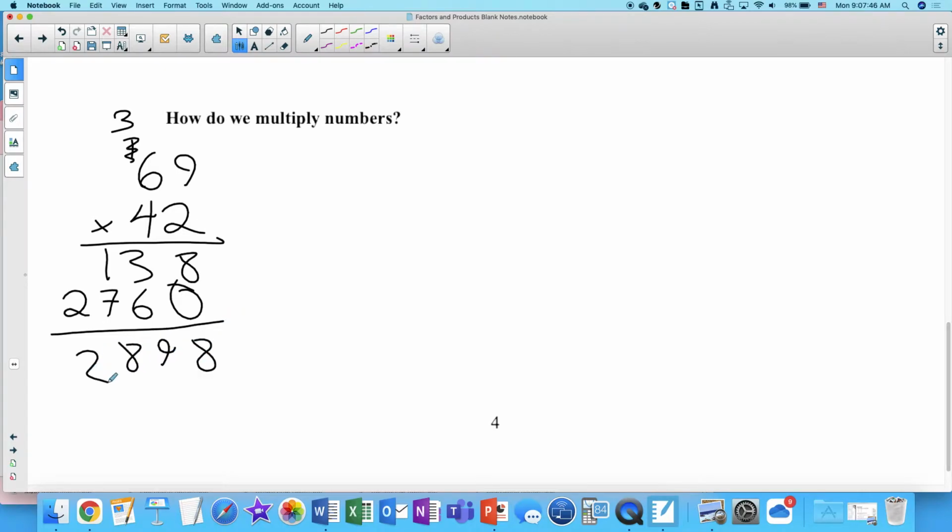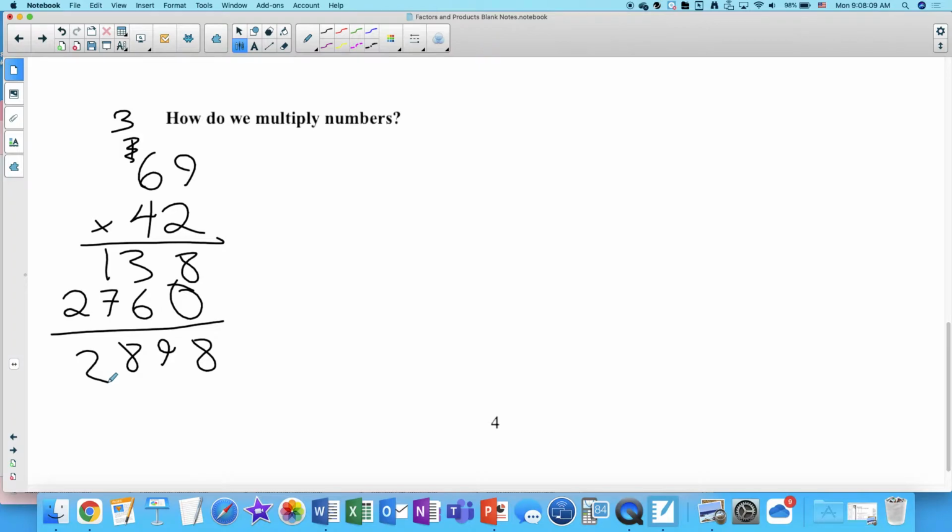This is an algorithm. An algorithm in mathematics is like a sequence of steps that you can follow every single time that get you the correct answer. But in my opinion, it's somewhat detached from what's actually happening between these numbers. So I showed you another model that you can use, which is essentially the area model.